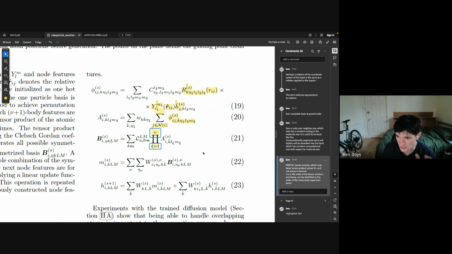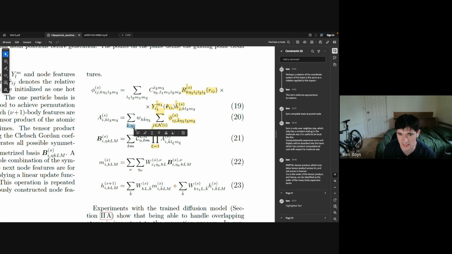And then this tensor product, which is only a partial tensor product, only takes the tensor product across the channels L and M, and not across this K channel, because this K channel has been summed away.